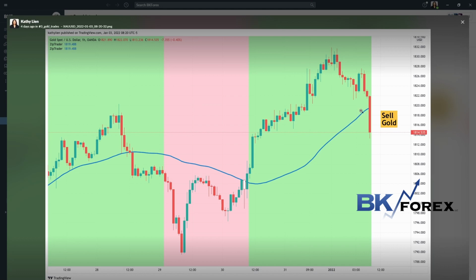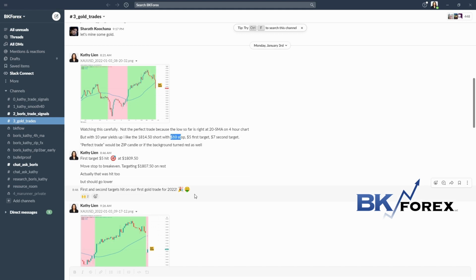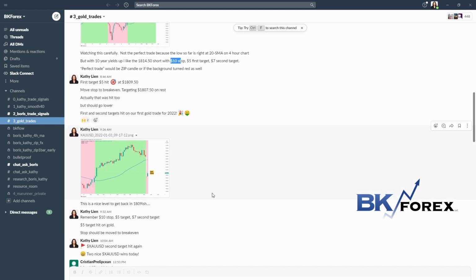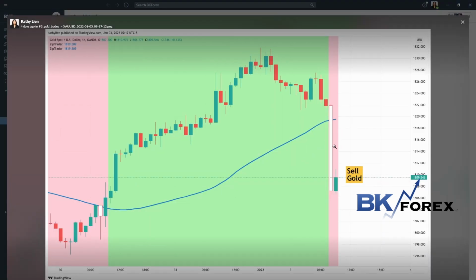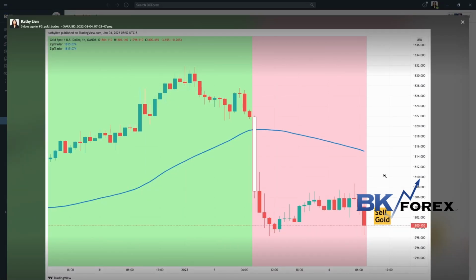Now we didn't have the perfect ZIP signal where the candle turned white, but we did have the fundamentals, and this is the second variation where we shorted at 14.50 with a $10 stop, $5 target, $7 second target, and first target was hit, second target was hit, and became a beautiful trade. And then when we actually got the ZIP sell signal, we went in again and we sold gold, and this became a very, very nice winner. And you can see that from this chart here.